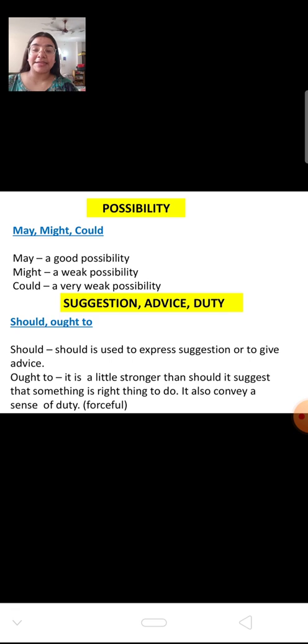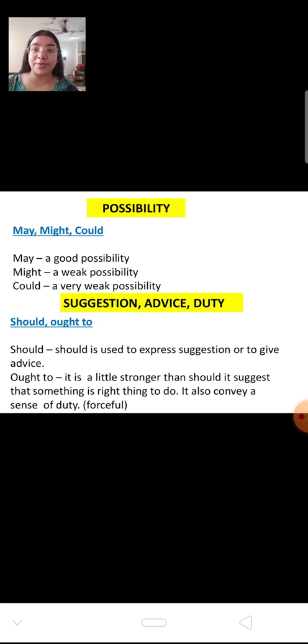Now the next category is possibility. If there is a possibility of something, then may, might, and could are used. May is used for a good possibility, might for a weak possibility, and could for a very weak possibility. Now the next category is suggestion.